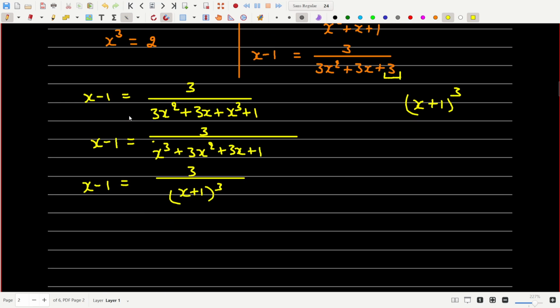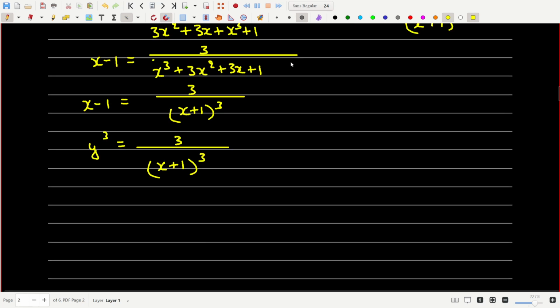So I can write y cube is equal to 3 upon x plus 1 cube. Taking cube root of both sides, I can say y is equal to cube root of 3 divided by x plus 1.